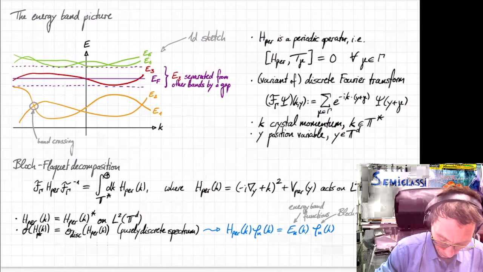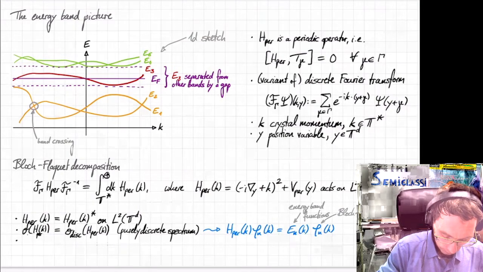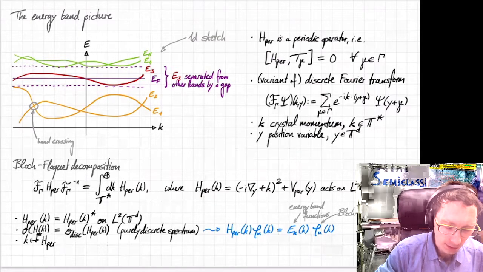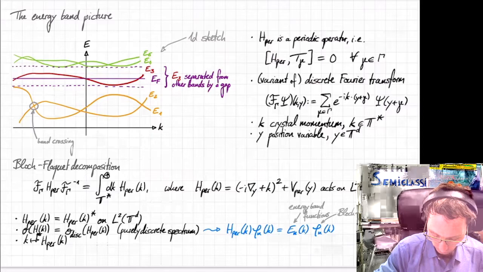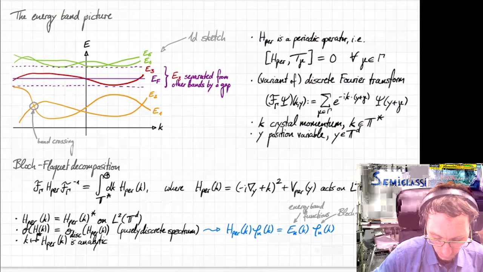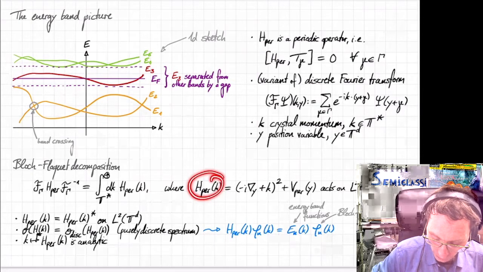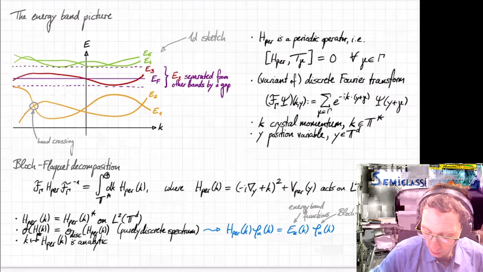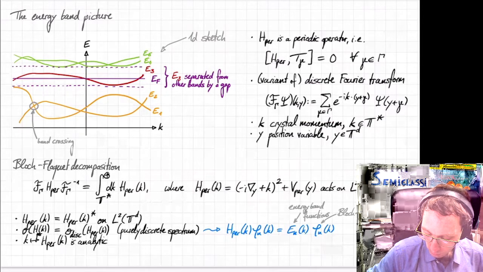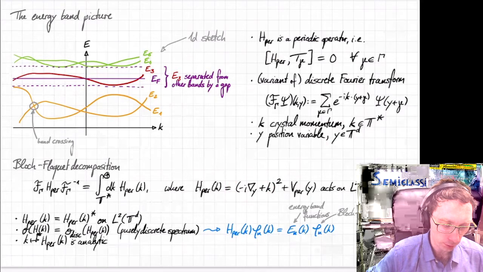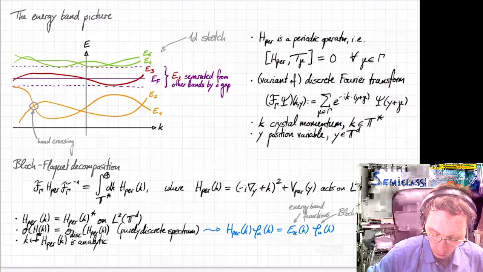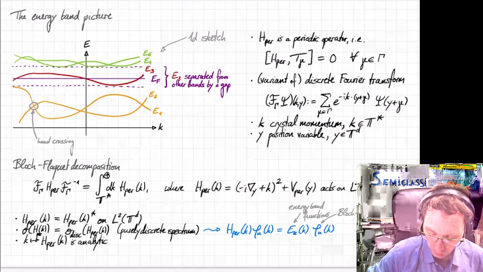And the last important fact is that you can see very easily that H periodic is analytic in K. This is extremely simple because H periodic of K is a quadratic polynomial in K. If you look at the terms, the worst term in terms of the domain of the operator H periodic of K is just the Laplacian in Y. And then you have K dot gradient.